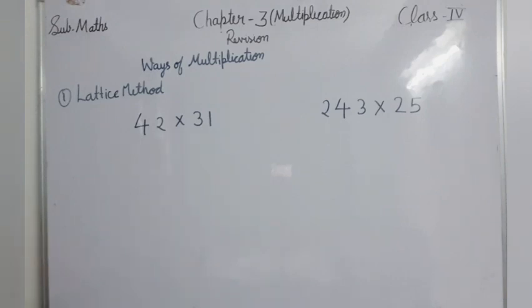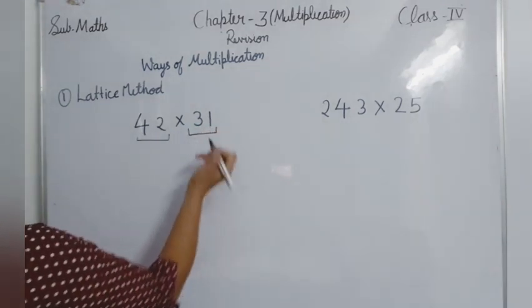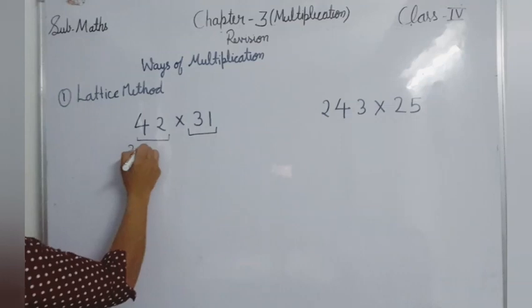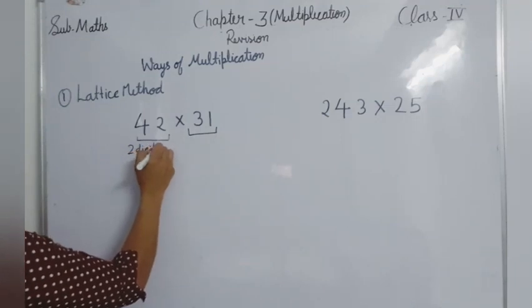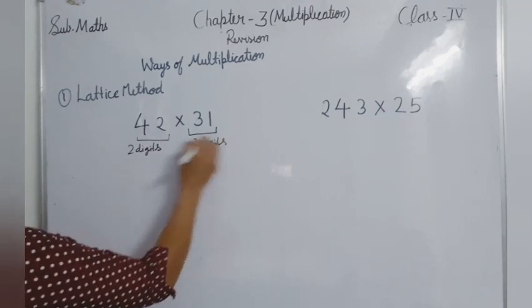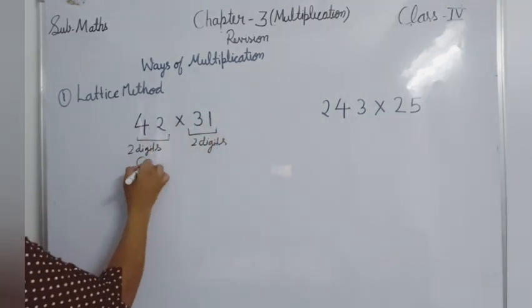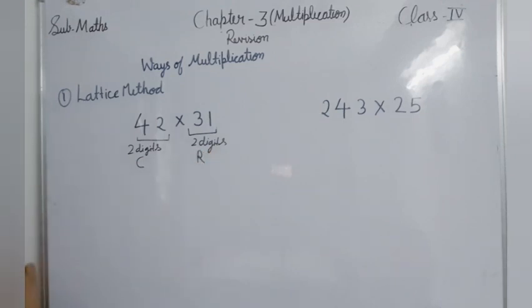So what is the first thing? We need to draw a box. How many boxes we need to draw? It depends on the digits. 2 digits here, 2 digits here: 42 and 31. These are for columns and these are for rows.